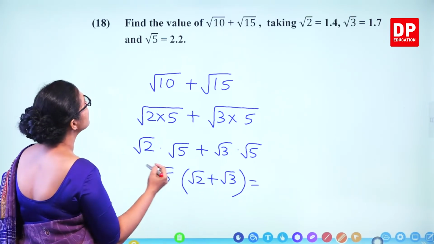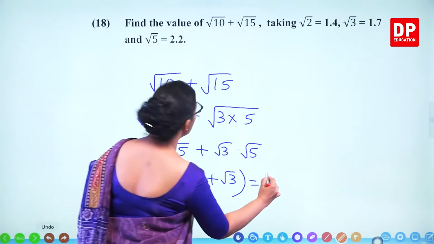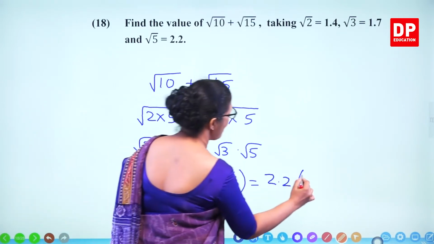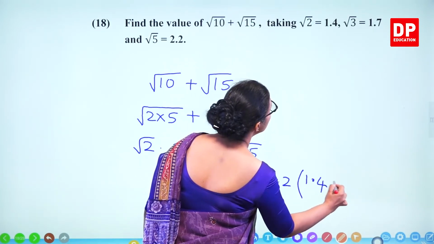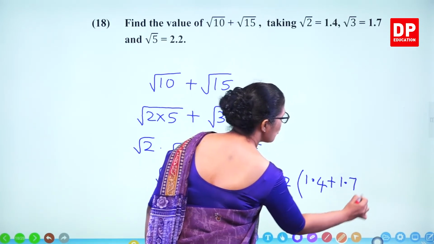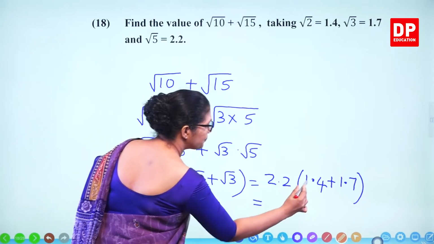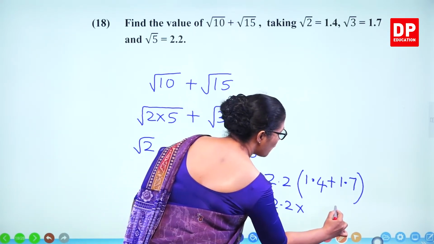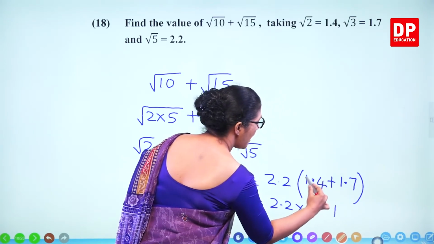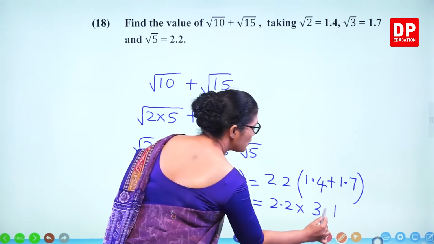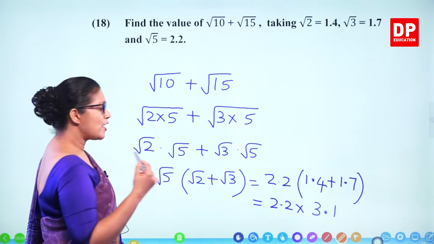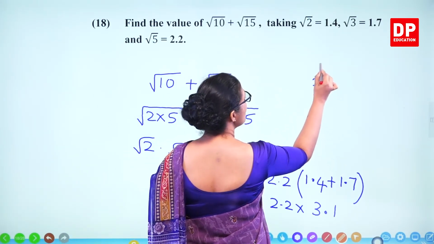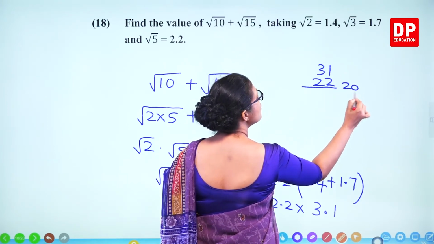Now you can plug the values. So 2.2 is root 5. Root 2 is 1.4. Root 3 is 1.7. So you add the 2 and multiply by this. 7 plus 4, 11. And 1 remaining, so 3.1. So just multiply 22 and 31 and put the decimal place. 22 and 31, 20 and 2.